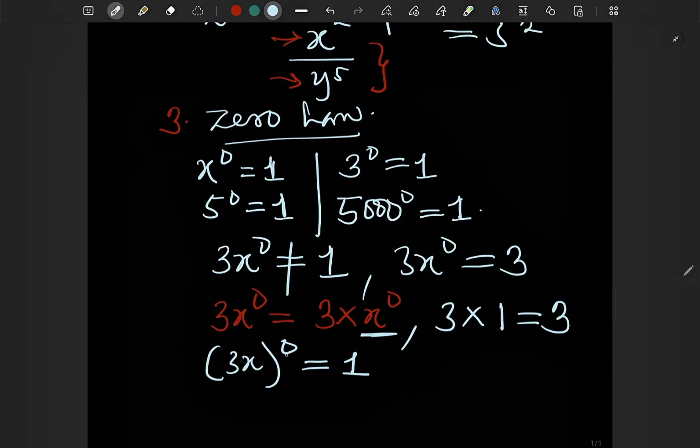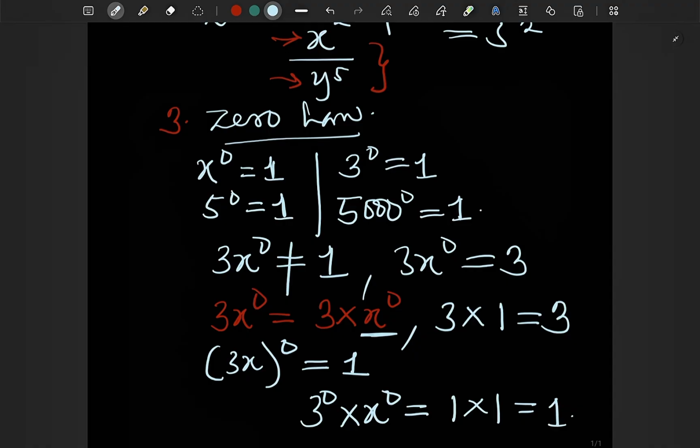The bracket introduced is now for 3 and also for x. So this means that if we expand this, this is 3 raised to power 0 multiplied by x raised to power 0, which is equal to 1 multiplied by 1, which is equal to 1. Therefore, for the zero law to cover through, it has to be in bracket form.